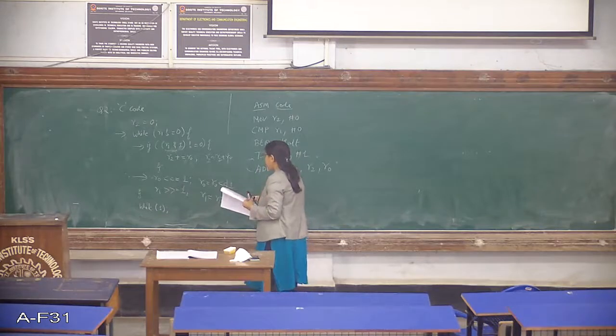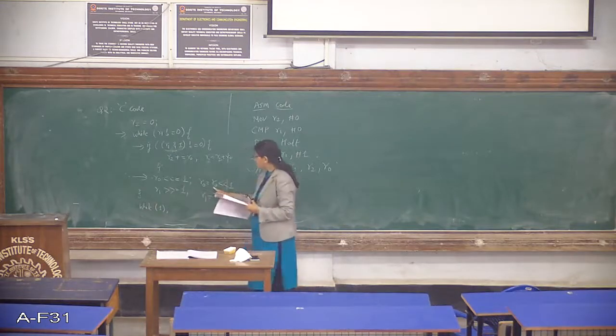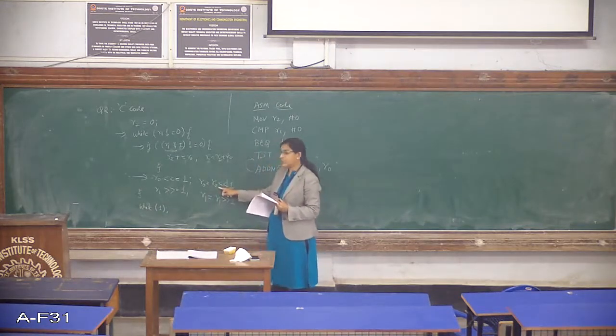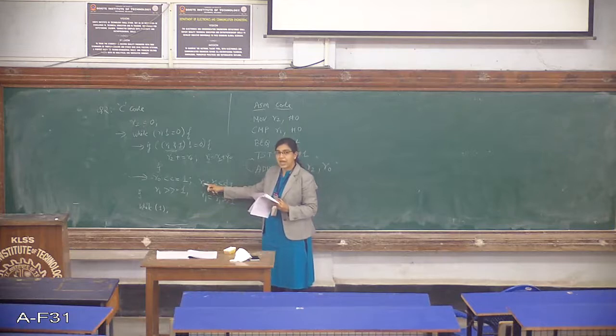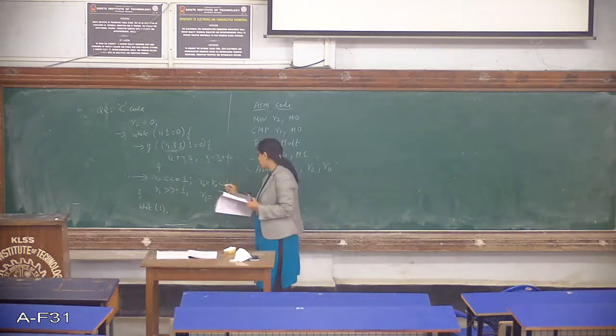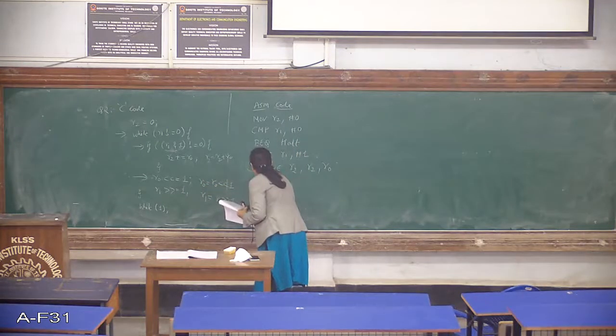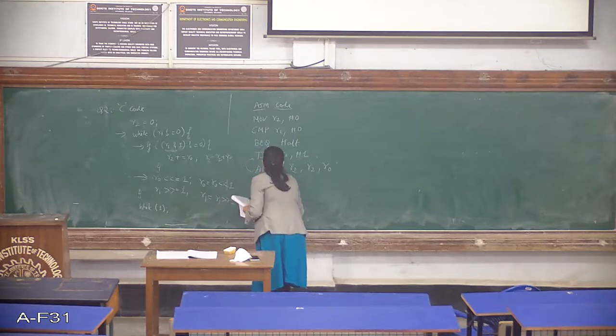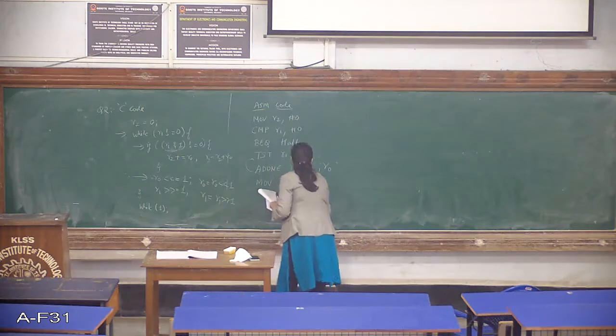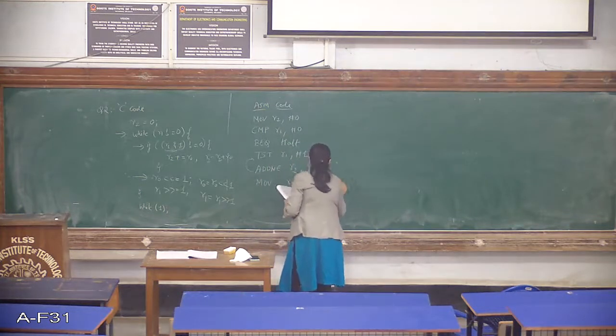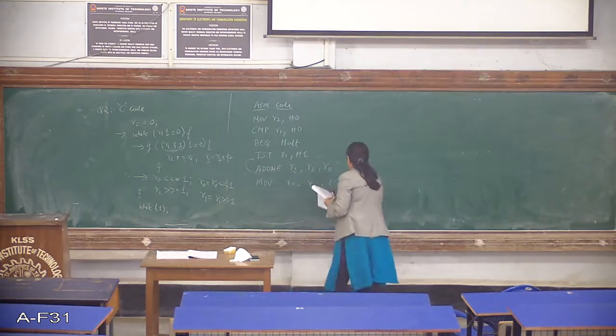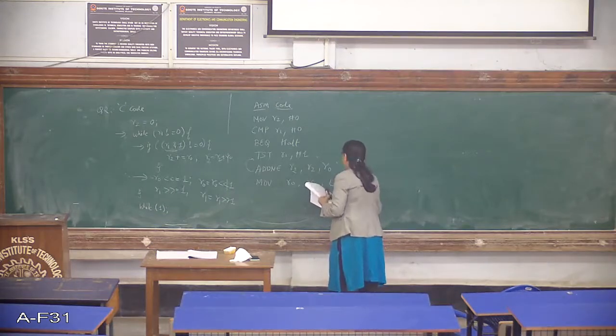I want the R0 register to first shift left by 1 bit and then move the result into R0. So I will use the move instruction: MOV R0 comma R0 comma LSL hash 1.